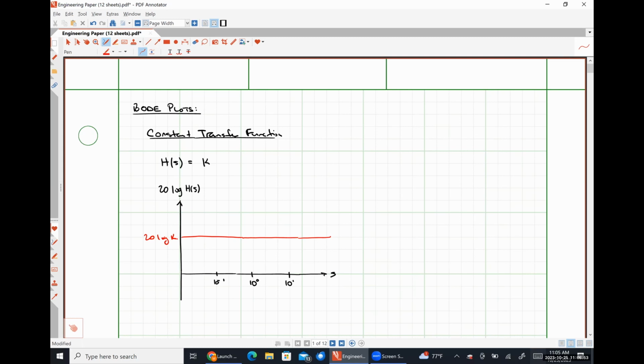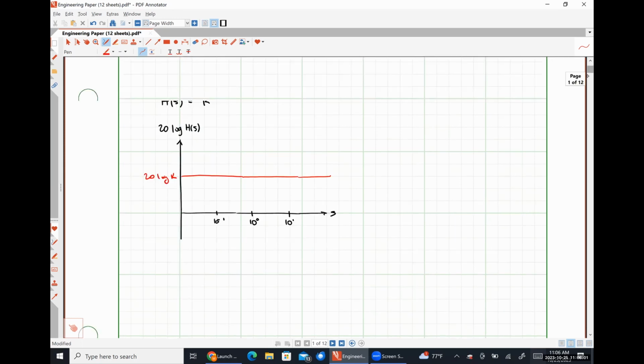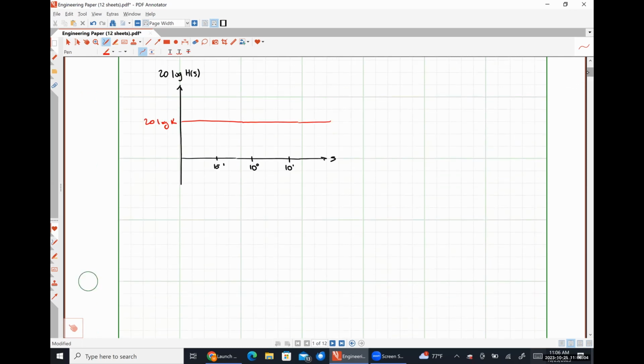Another part of the Bode plot might be to look at how the phase angle varies with frequency. Right? So let me scroll down here slightly. So this would be theta as a function of s.